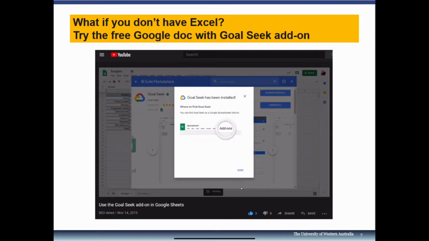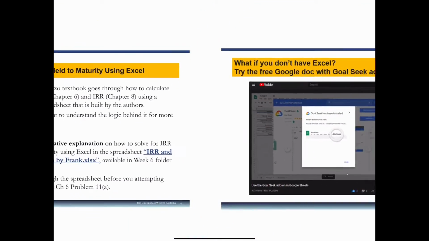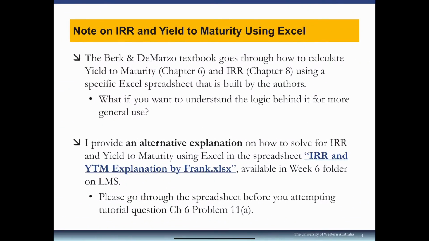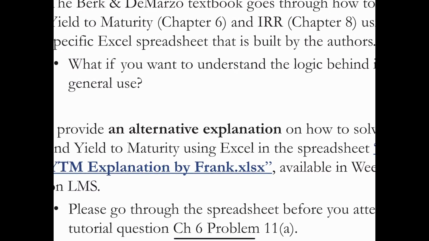So please definitely Google how you can use Google Sheets and the GoalSeek add-on, right? It pretty much works the same way as Excel, which means you can use that to solve the questions, to follow the examples that we provided in the previous slide, which is over here. Oops, that one, this Excel spreadsheet.